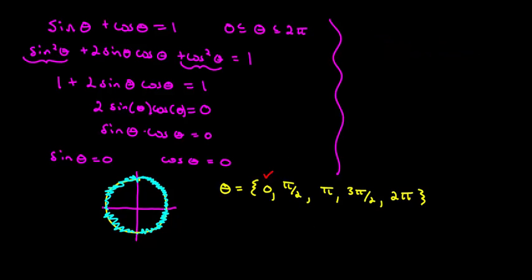Let's try pi over 2. The sine at pi over 2 plus the cosine at pi over 2 is supposed to equal 1. The sine at pi over 2 is 1. The cosine at pi over 2 is 0. And that does equal 1. So that guy checks.